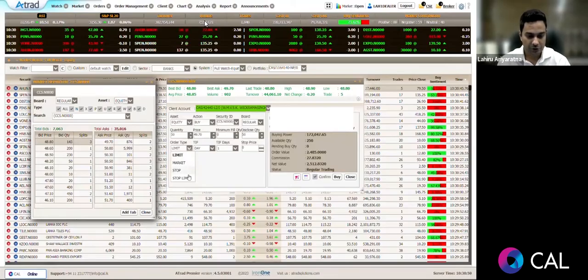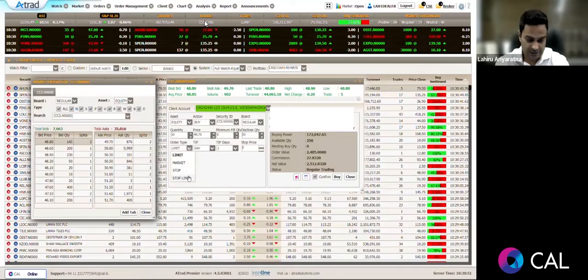Let me take you to the other functions in this feature. The second function you will see on the order type is what you call a market order. A market order is an order where your order will not go into the order book. Let's say, for instance, I'm a buyer. Again, I want to buy 5,000 shares of Ceylon Coal Stores.